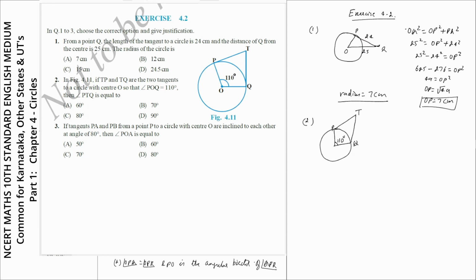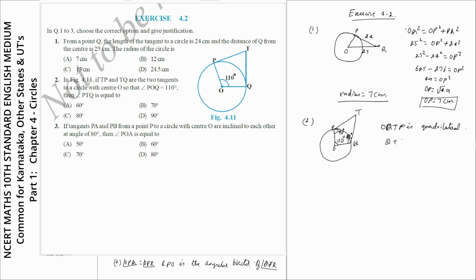So we know that a tangent makes an angle of 90 degrees at the point of contact. So this is 90 degrees and this is also 90 degrees. So OQTP is a quadrilateral. Therefore, the sum of all the angles will be equal to 360 degrees.